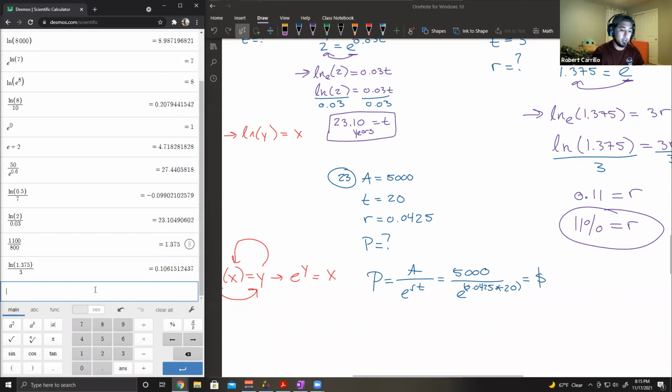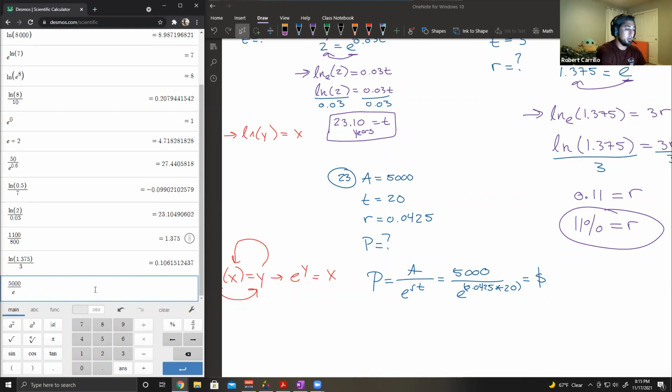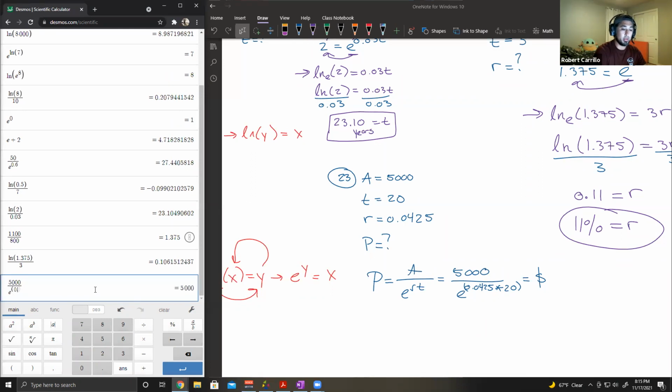So we're going to say divide 5,000 over E raised to the 0.0425 times 20. So if they want to have that $5,000 in 20 years, they need to make an initial deposit of $2,137.07. Okay.